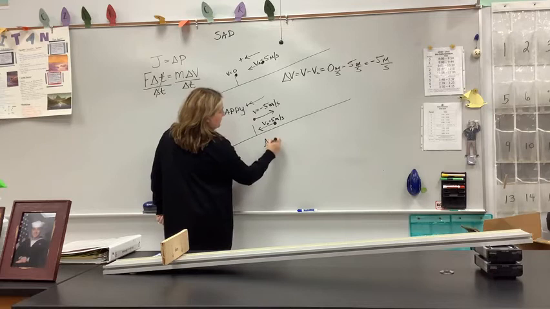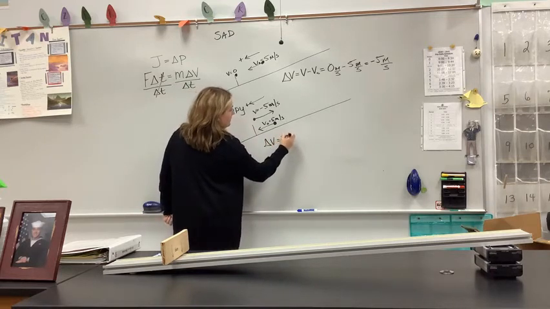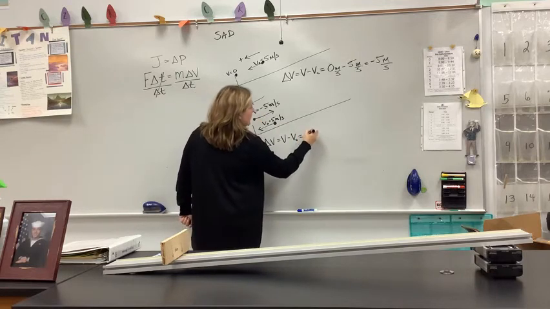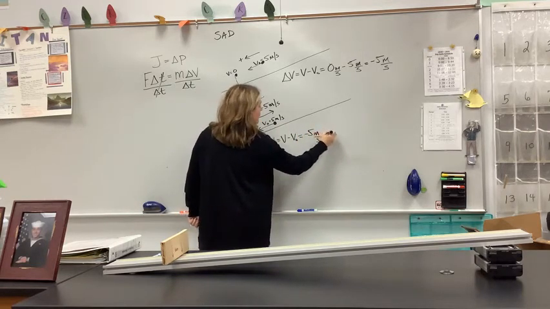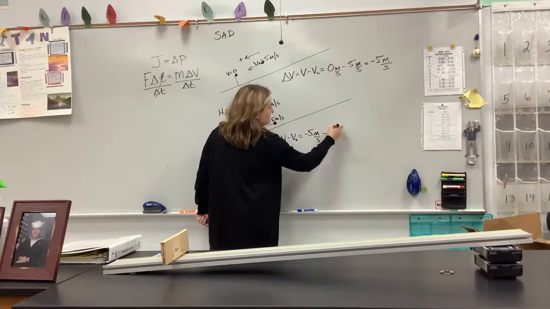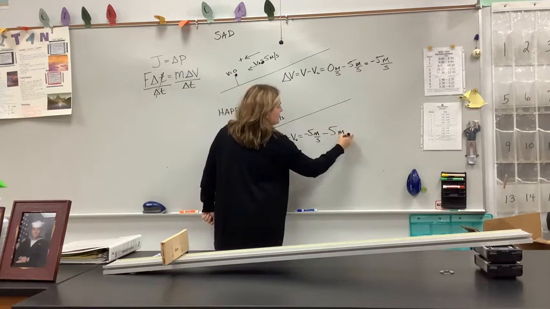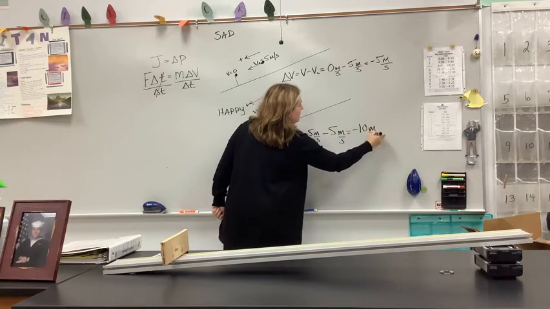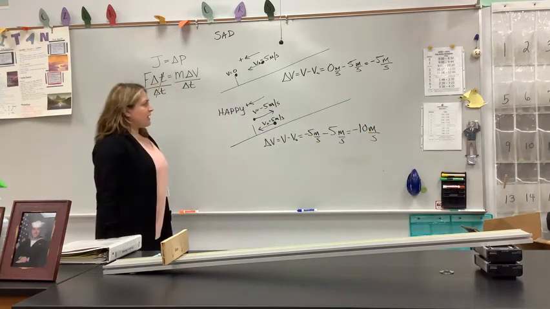So the change in velocity for the happy ball, final velocity minus initial, is negative 5 meters per second minus the initial velocity of 5 meters per second, which gives me negative 10 meters per second for my change in velocity.